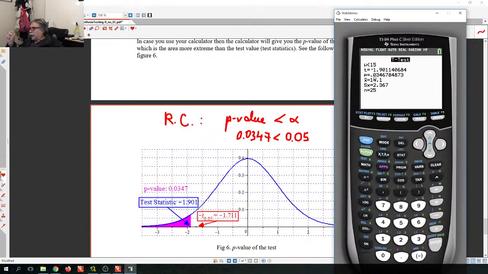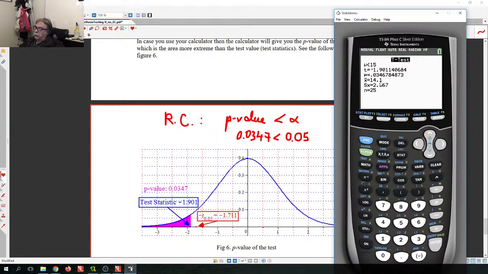There should be p-value, like we write here. But you need to get used to that. So that is 0.03467 and so on. That's approximately 3.5%, and that is less than the level of significance. So you make a decision now. You get less than 5%, so you reject the null hypothesis, which means you're accepting the alternative.